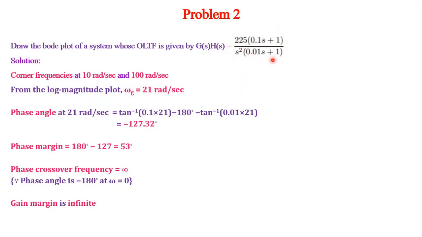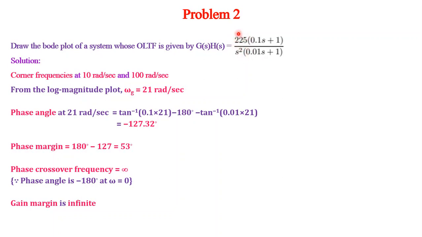Therefore, they will not play any role up to 10 and 100 respectively. Even though we could have started at 1 or 10, as a change I have started at 0.1. Therefore, at 0.1 the contribution is due to 225 and 1 by s square only.